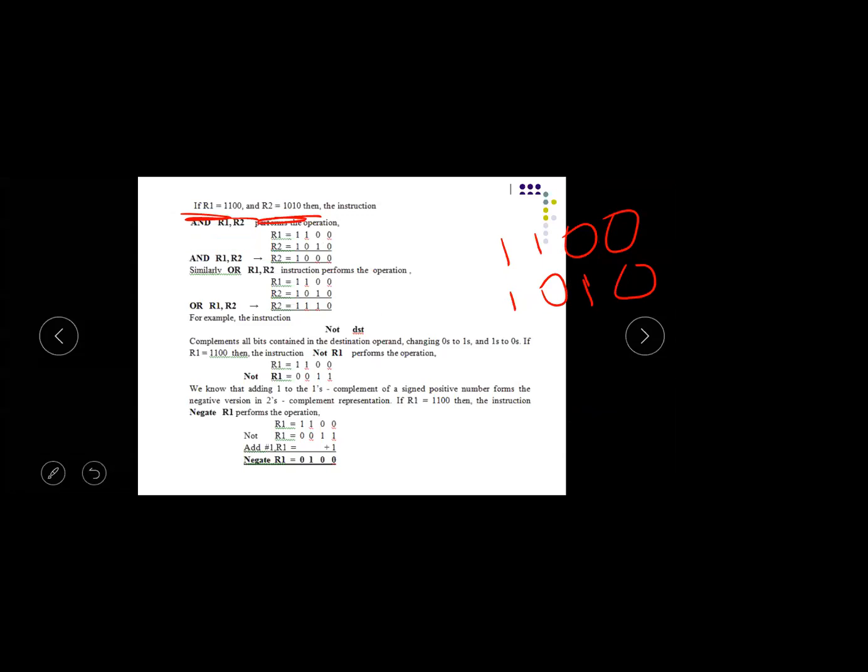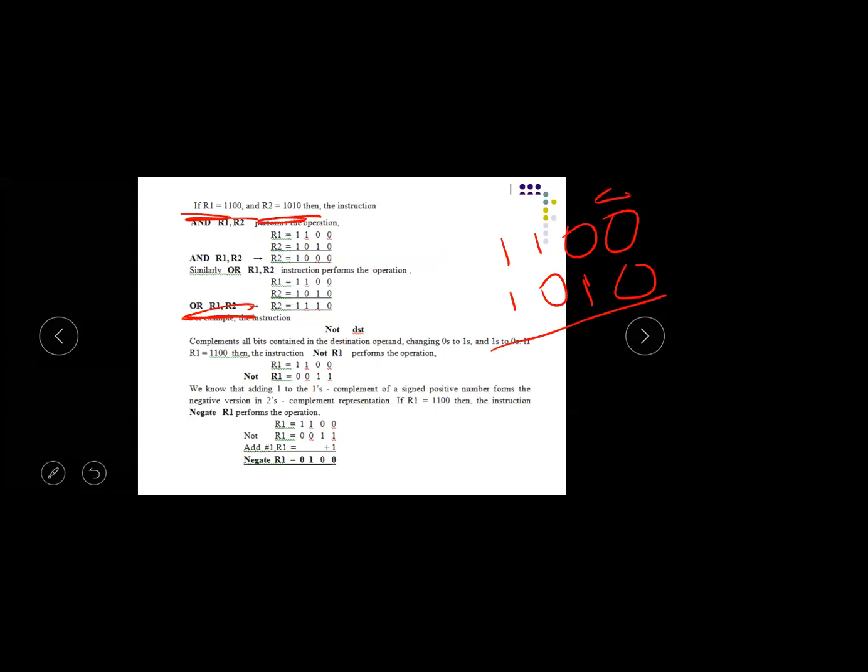Similarly, we take the same two registers to perform the OR operation. Again take R1 and R2 registers, 1100 and 1010.